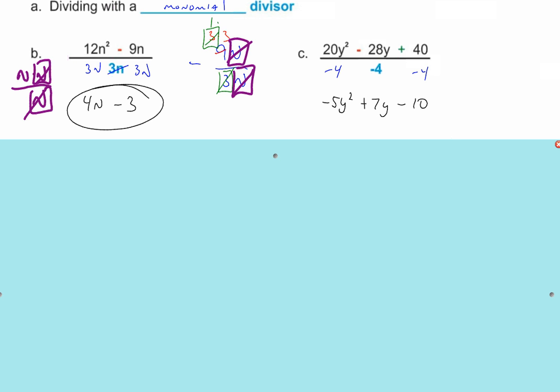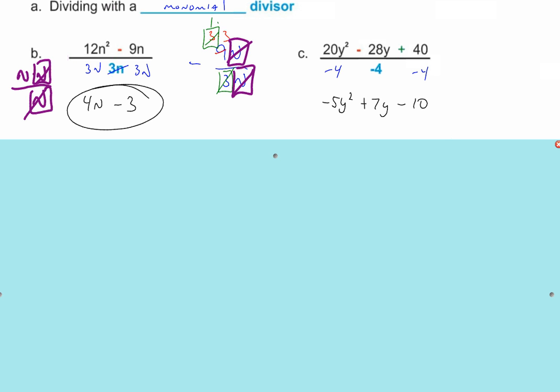Right? So negative 5y squared plus 7y minus 10. That one a little bit easier because it's just numbers, right? Is it possible to still have a fraction in a spot as you're doing this? Yes.